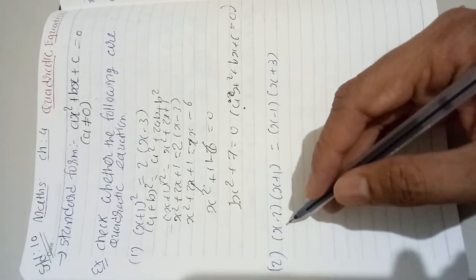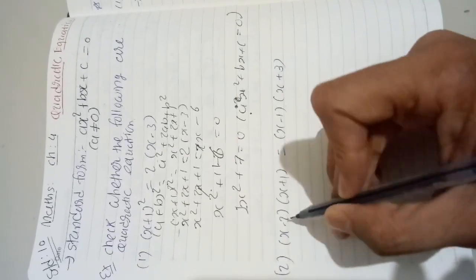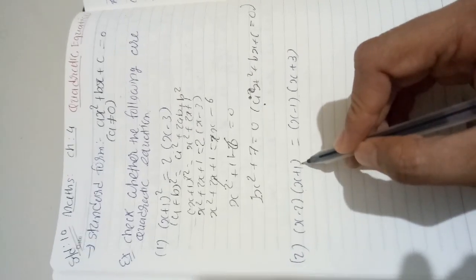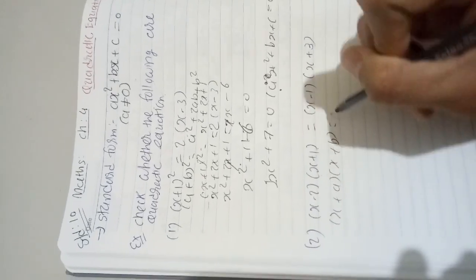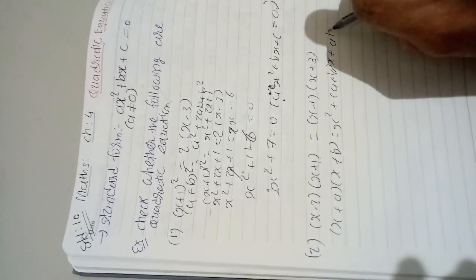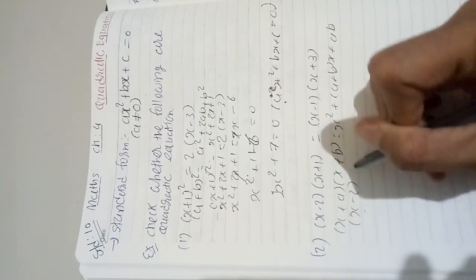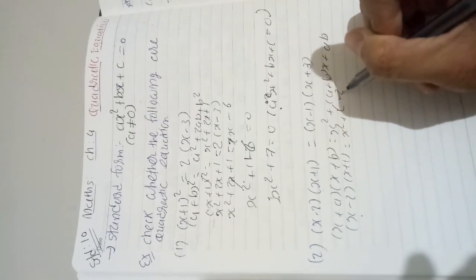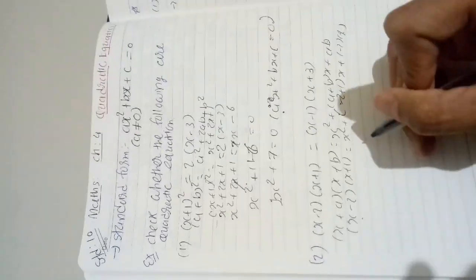Let's see another example. (x minus 2) (x plus 1) is equals to (x minus 1) (x plus 3). So you have to solve using the (x plus a) (x plus b) formula. It is equals to x square plus (a plus b)x plus ab. So (x minus 2) (x plus 1) is equals to x square plus (minus 2 plus 1)x plus (minus 2) into 1.